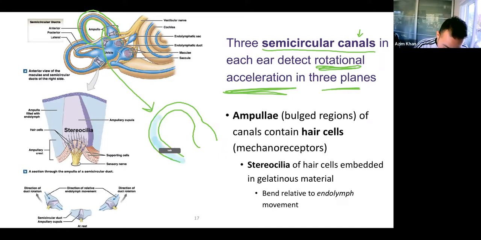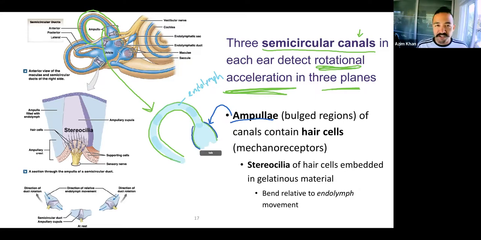So in blue here, I'm drawing endolymph. And then you've got this bulged region called an ampulla. Ampulla is a general term for a bulged region. This bulged region is important because it contains the hair cells.